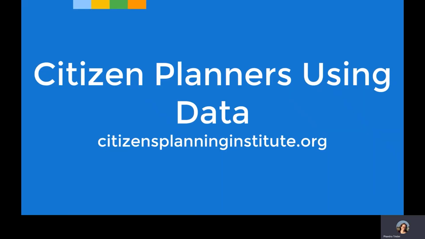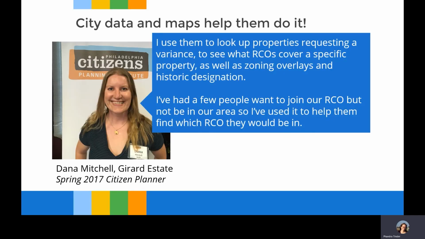So first, we're just going to show some examples from a previous seminar with the Citizens Planning Institute, where some participants shared how they have been using some of these tools. So Dana Mitchell from Girard Estate says that she uses them to look up whether a certain property is covered by her RCO, as well as what RCO someone belongs to.